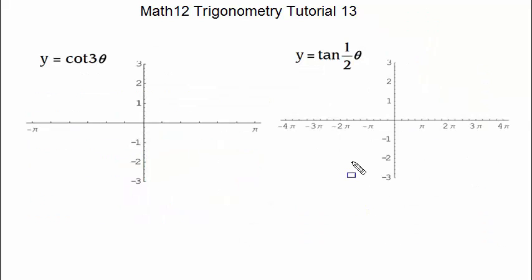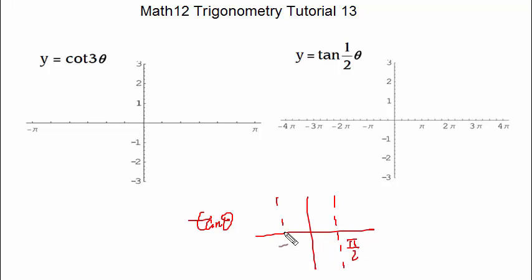Okay, how to draw these things. How to draw tangent of 1/2 theta. Okay, we all know for the regular tangent theta, we just draw this. Our bar is at pi over 2, and then our bar is at negative pi over 2, and then another one is at 3 pi over 2, right?